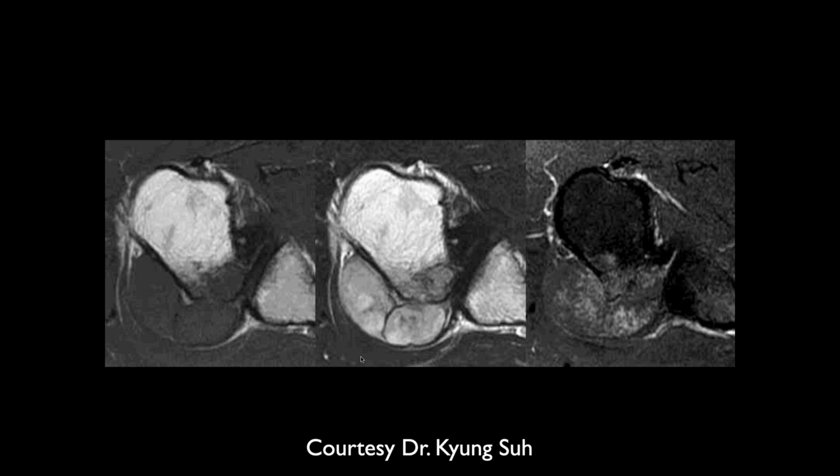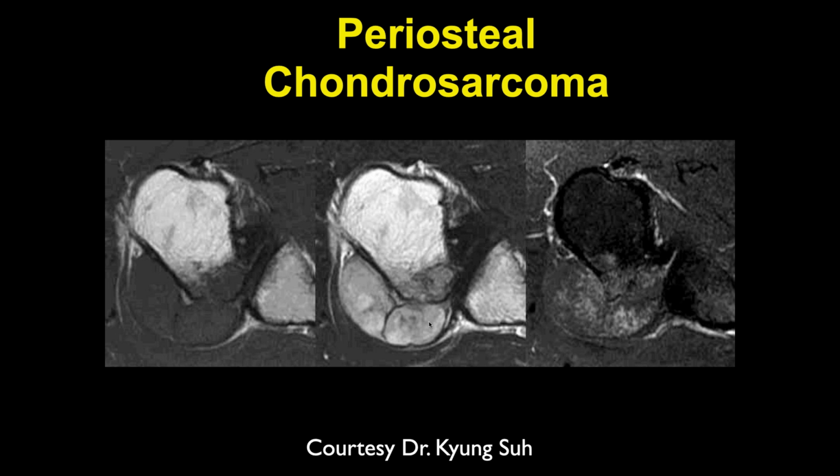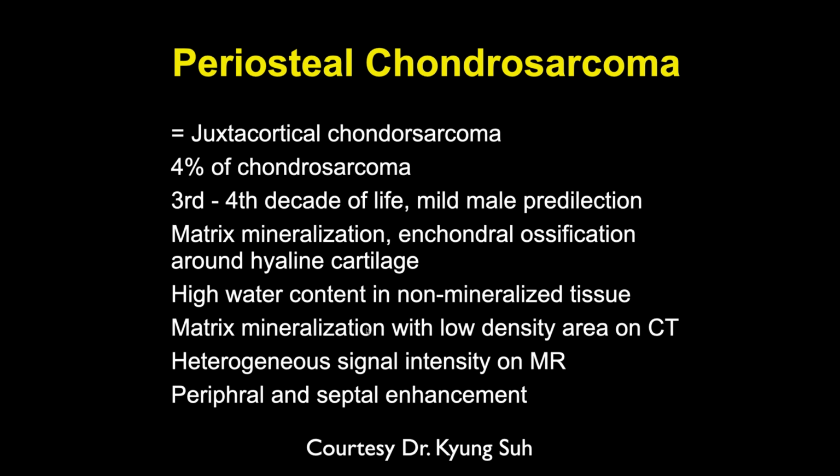Here again, we can see it has increased T2 signal and it's exiting the bone. It's obviously a solid mass. It's probably some cartilaginous components, and there is some intrinsic enhancement. So chondrosarcoma. These are about 4% of chondrosarcomas, typically in the third to fourth decades.